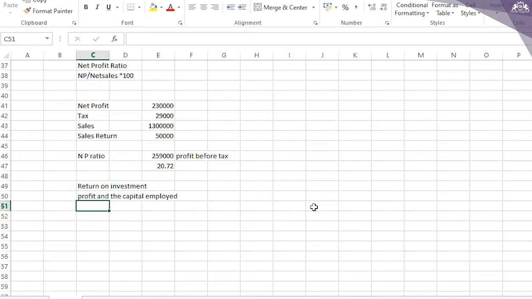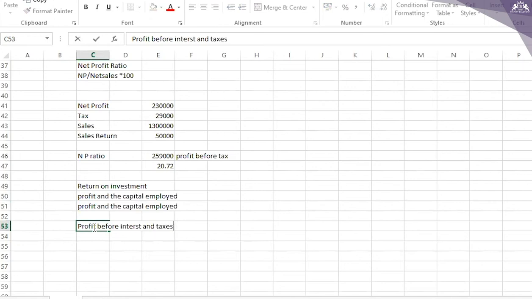So profit or loss. Profit before interest and taxes divided by capital employed into 100.